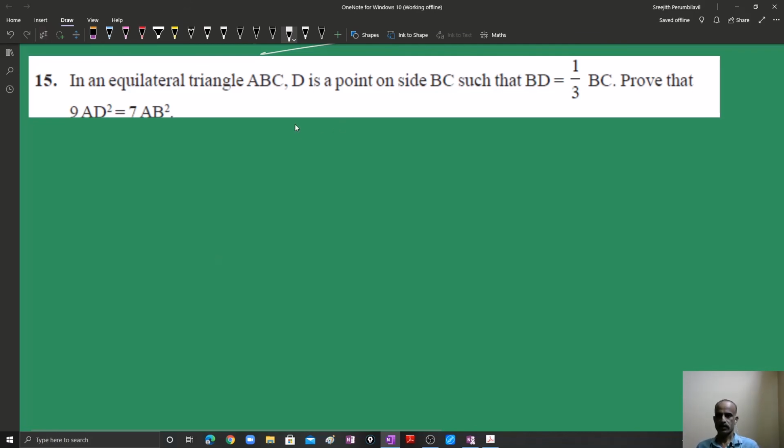Okay. So now let us consider an equilateral triangle. We have an equilateral triangle ABC.